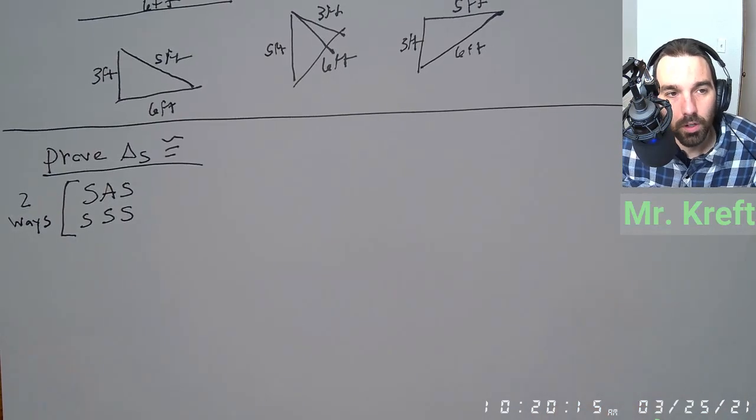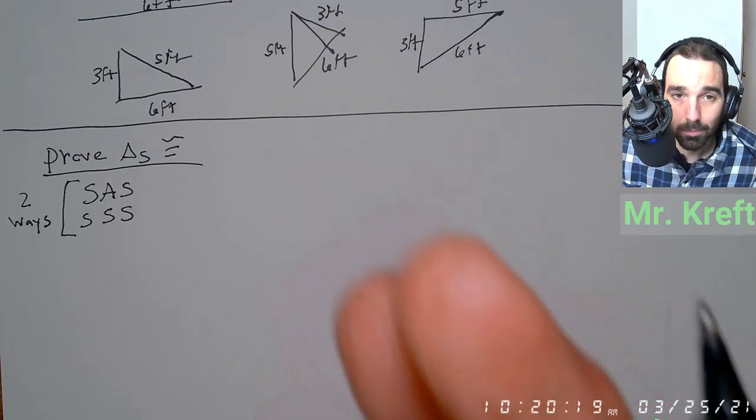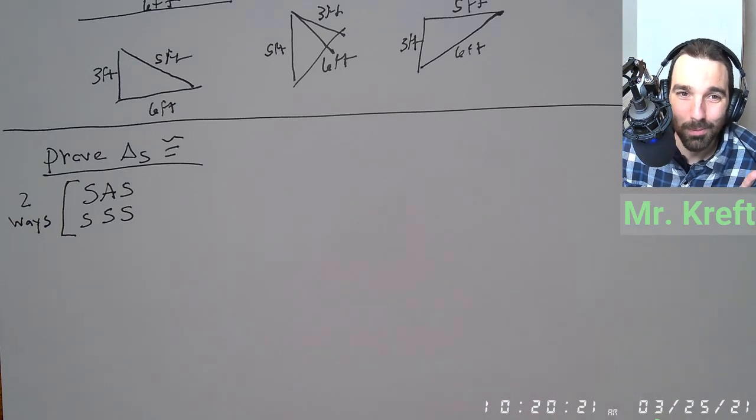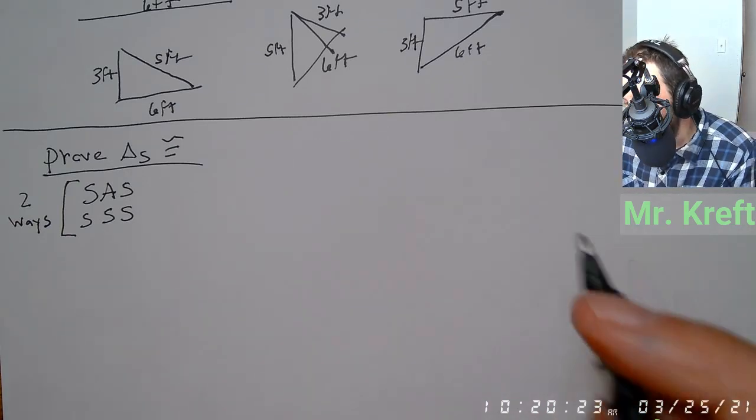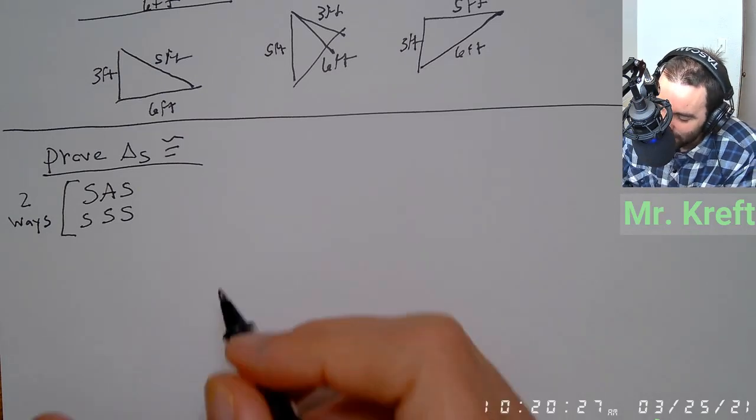The more ways we add to prove triangles congruent, the more difficult it's going to get, because you can't just say, oh, I know it has to be this. So let's do a proof together and see where you guys are.